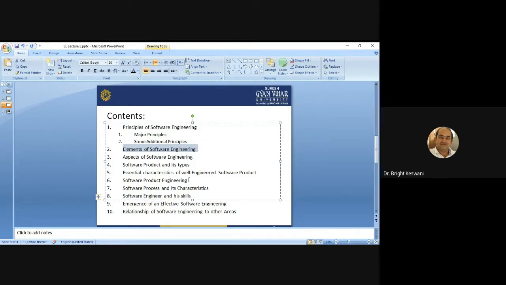Now the tools. Tools are automated systems that increase the accuracy, efficiency, productivity, and quality of the end product. So what is the end product?